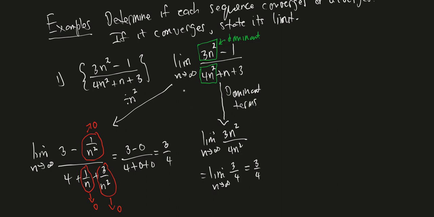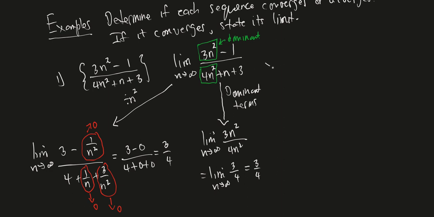So that's another approach, right? Dominant terms. Now the reason I say dominant and not necessarily highest power is because the dominant term approach works for other types of sequences, not just ones involving polynomials, right? But again, there you have to remember a lot of properties in order to identify, okay, which term is going to dominate all the other ones, right?